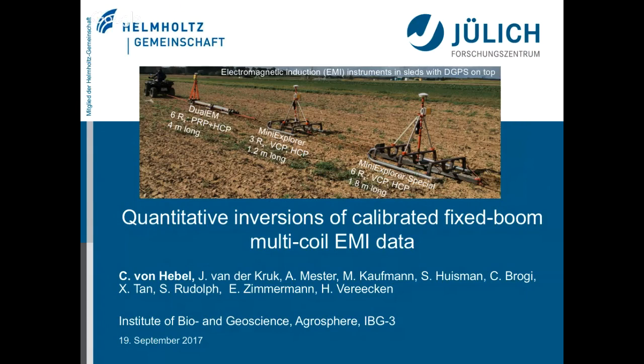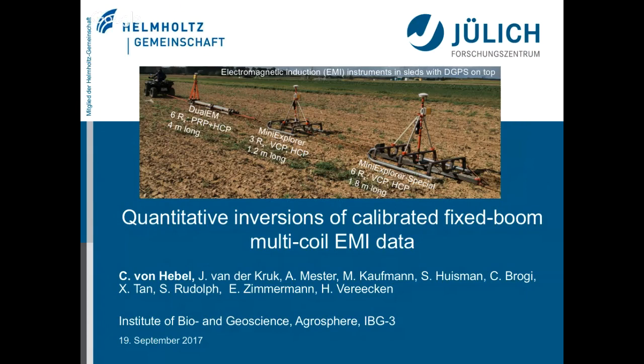When I talk about this, I mean instruments that we place in sleds, so they have relatively short offsets between the transmitter and several receiver coils. We do have a system that is 1.20 meters long. This has 3 receiver coils. It's a CMD Mini Explorer. We do have a custom-made special edition of this Mini Explorer that's 1.80 meters long and has 6 receiving coils.